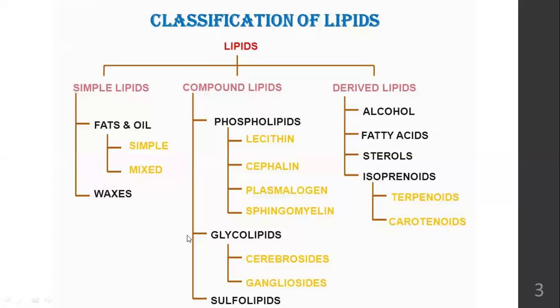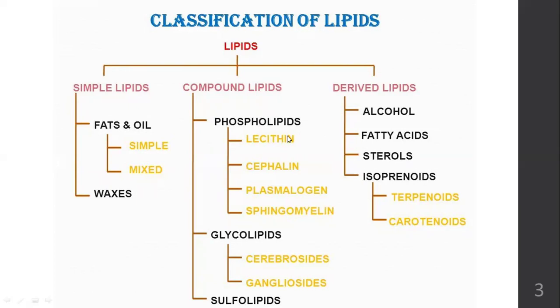So coming to the classification of lipids, you have simple lipids, compound lipids, and derived lipids. Simple lipids are like fats and oils. Under them you also have further classification of simple fats and complex fats. Then you have waxes, which are another form of lipid.